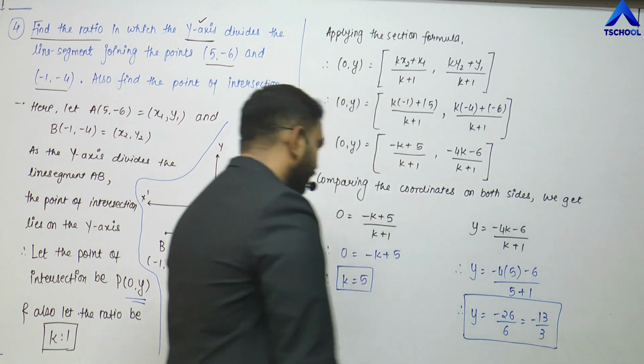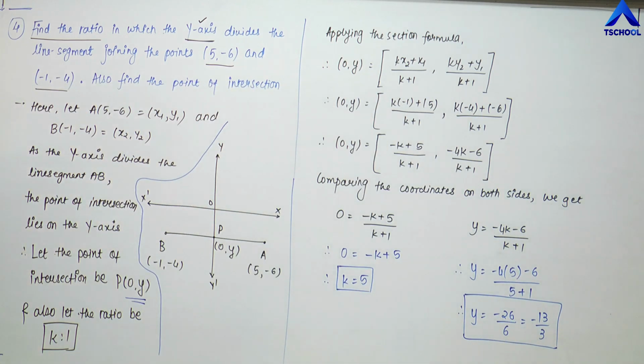This is our value of y. Right, so what do we require? We require the point 0 comma y and also the ratio k is to 1.